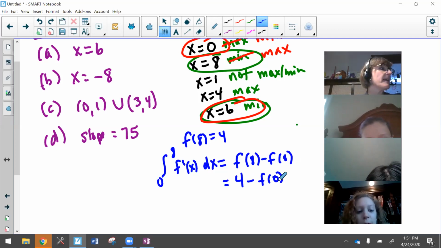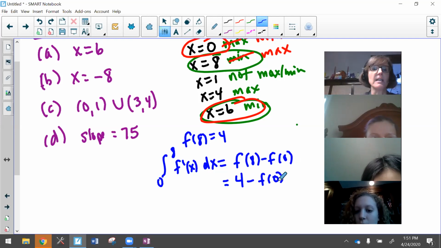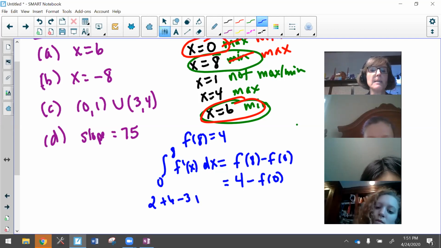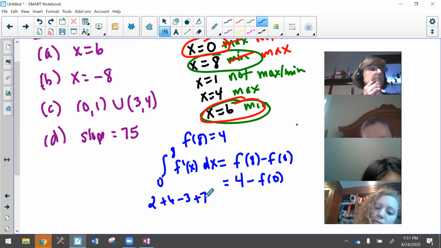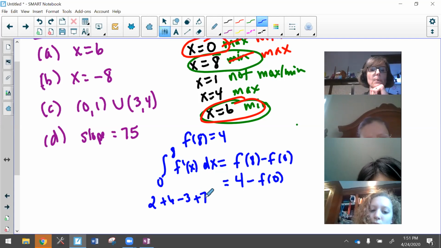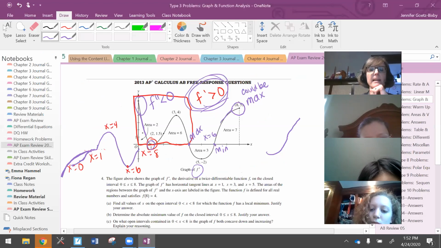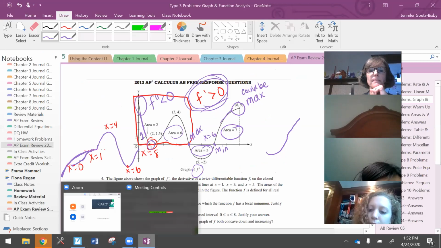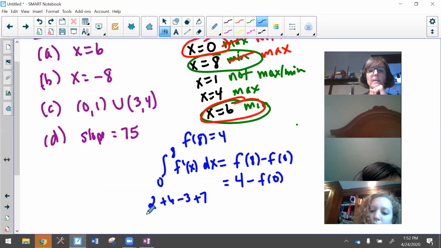Okay, and then basically we add up all of the area under the curve from 0 to 8, which is 2 plus 6 minus 3 plus 7, right? If I just go through and take all of my areas, so this is 2, this is 6, this is going to be negative 3, and that's going to be positive 7. This is what I want.